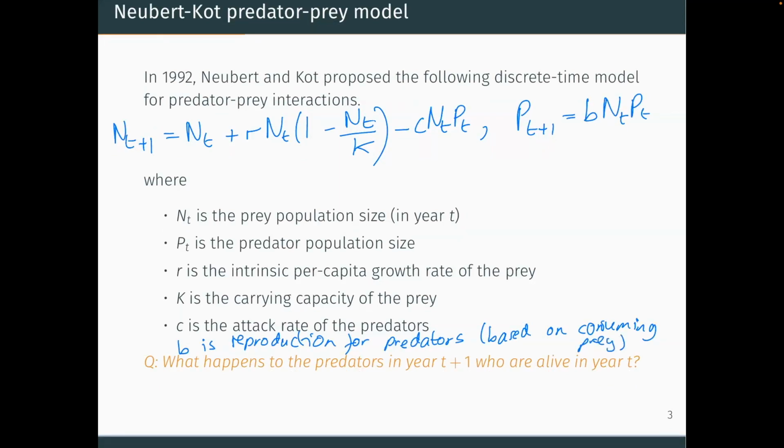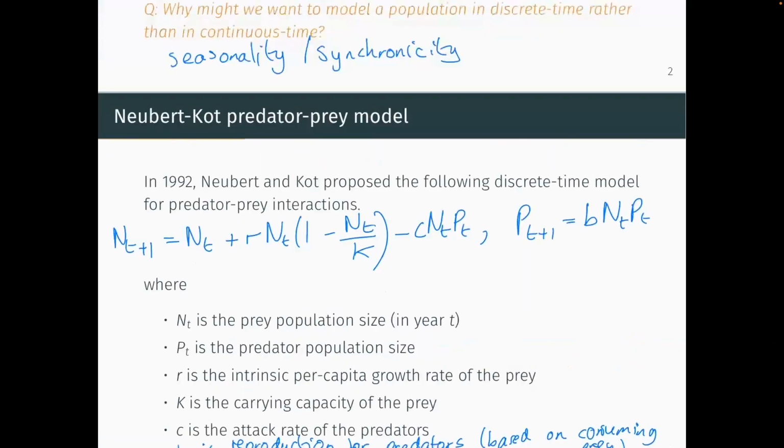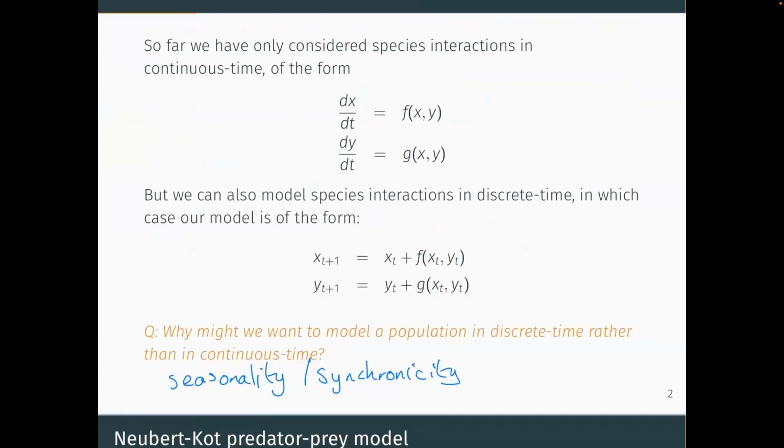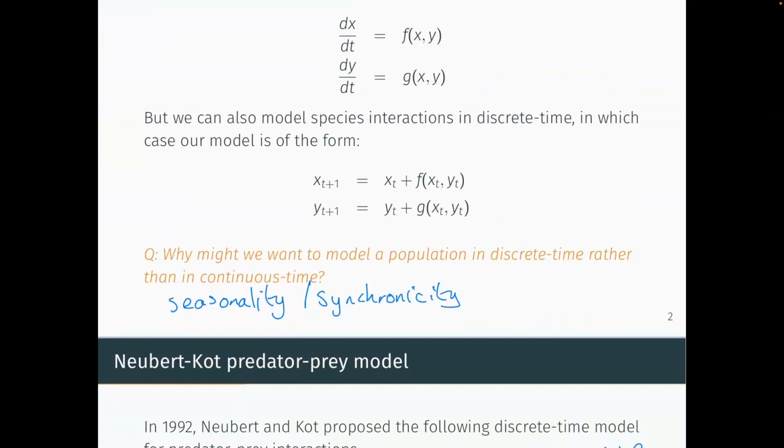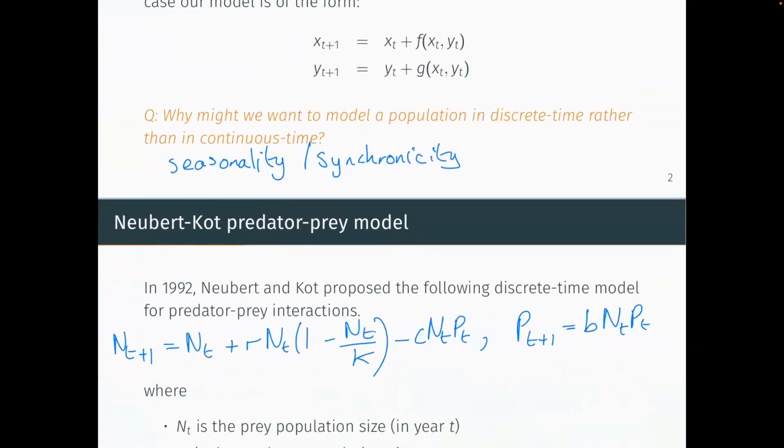Yeah. How come for P_{t+1} we don't have it as like P_t plus? Very, very good question. So this would be an example where it's not set up like this. In fact, our g of x_t, y_t here is technically b N_t P_t minus y_t.